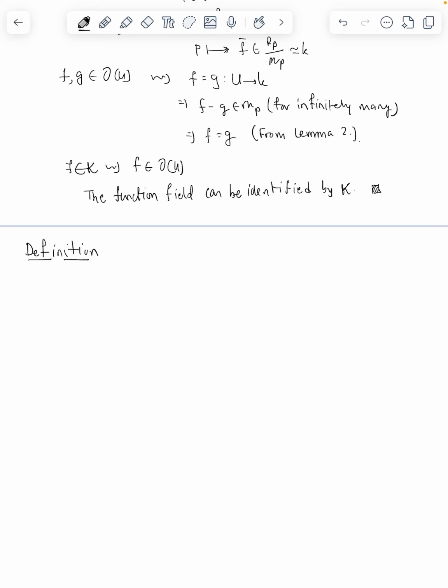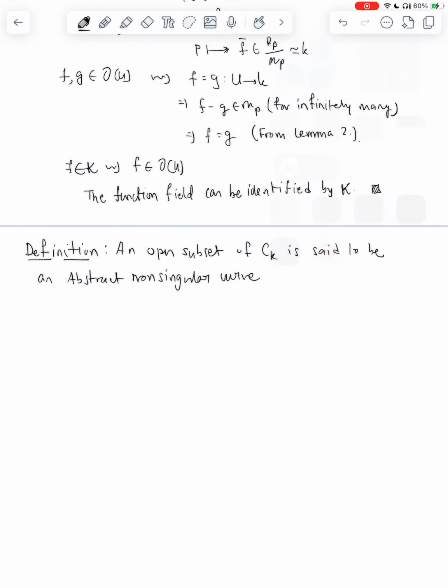An open subset of CK is said to be an abstract non-singular curve, with the induced topology, that means the subspace topology.